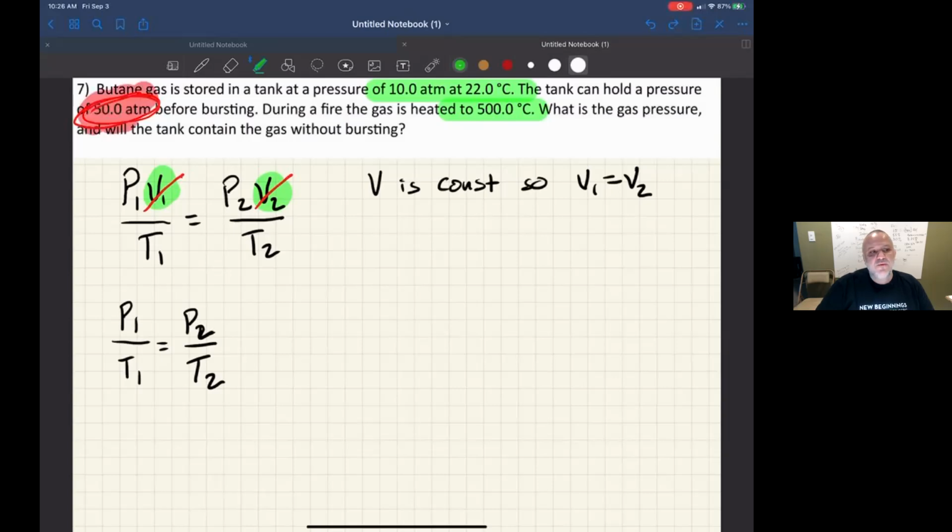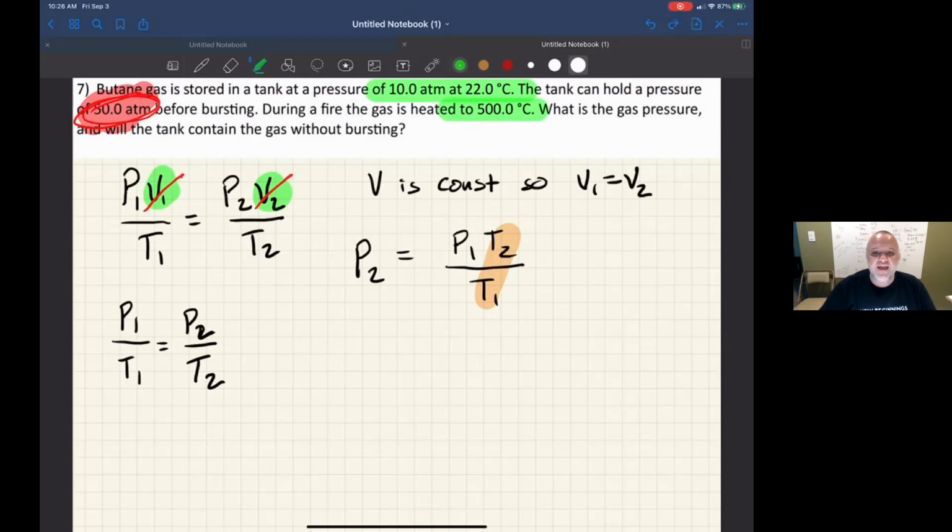Okay, so let's take a look here. P2 equals P1 over T1 times T2 when I solve it for P2. Now, what's up with the temperatures? I've got temperatures in the numerator and temperatures in the denominator. So you might think that it doesn't matter what unit the temperature is in, but it actually does matter.